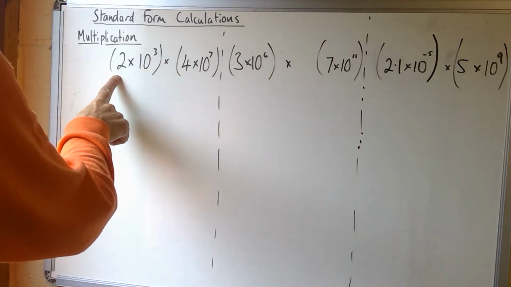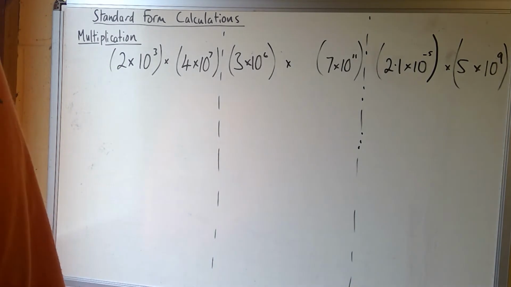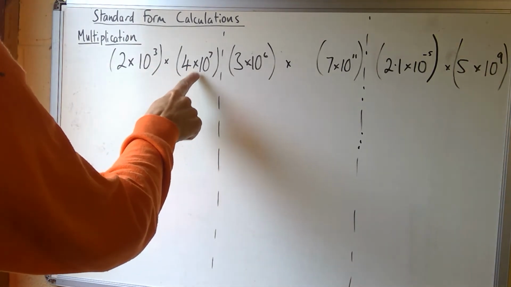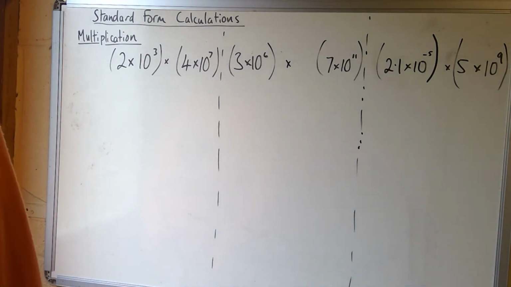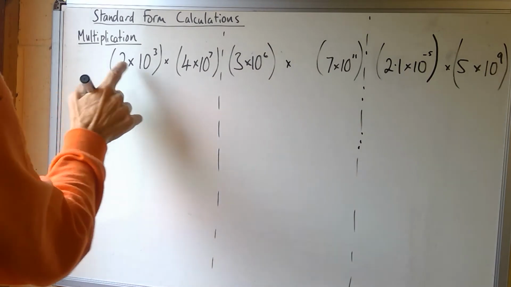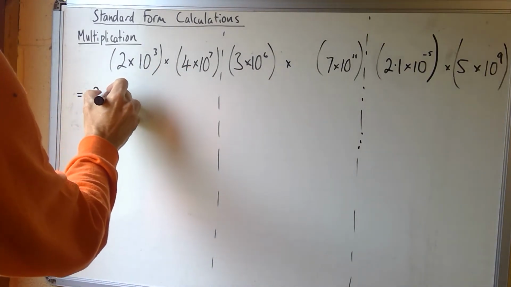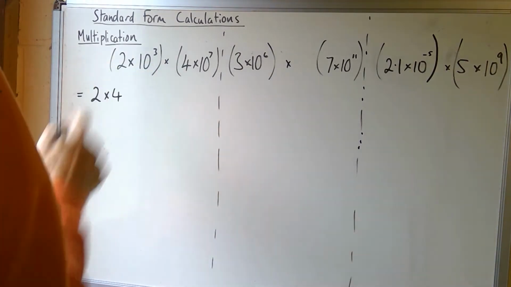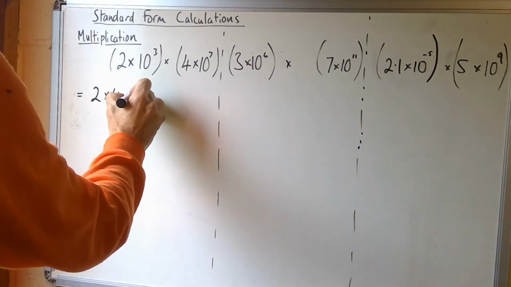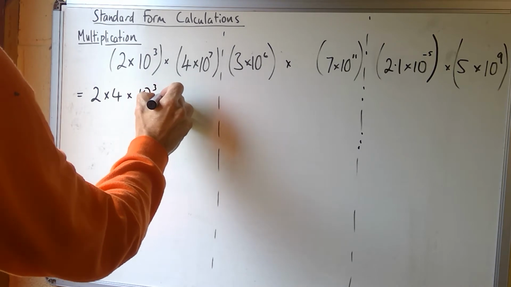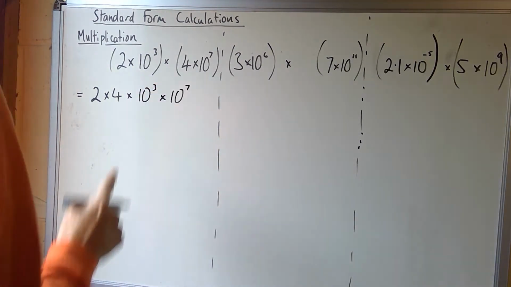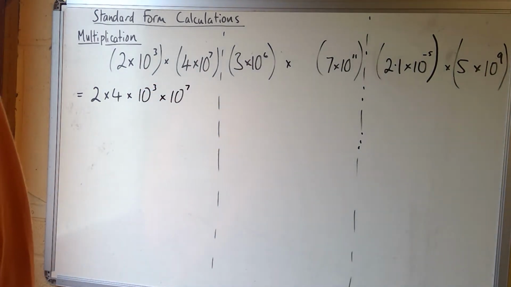So for this first one, 2 times 10 to the power of 3 multiplied by 4 times 10 to the power of 7. We can rearrange this because they're all multiplied together. I can rearrange this to become 2 times 4, multiply the two number parts, and then the two powers of 10 multiplied together again.